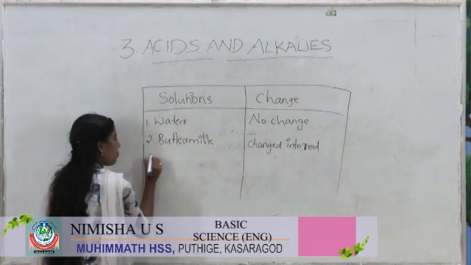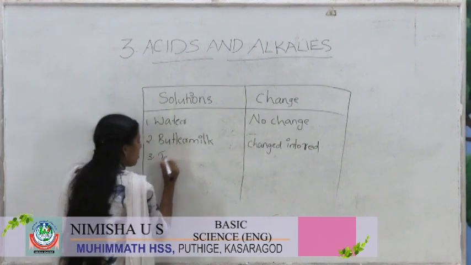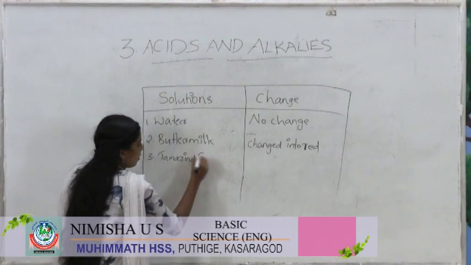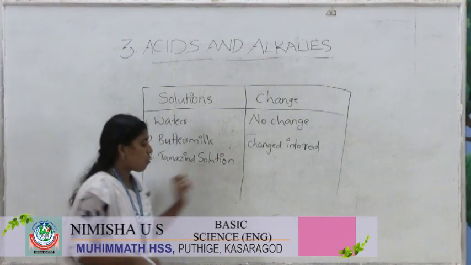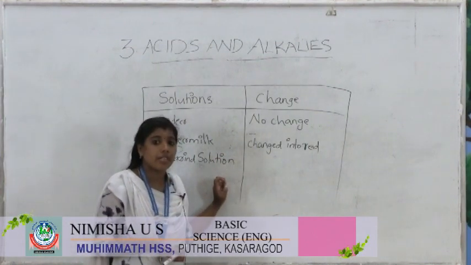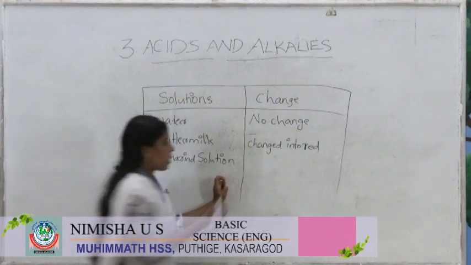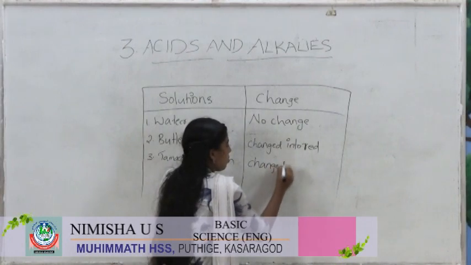Okay, now third one, what is the third one? Tamarind solution. What happened while we dipped the hibiscus paper in the tamarind solution? Yes, the color changed into red.